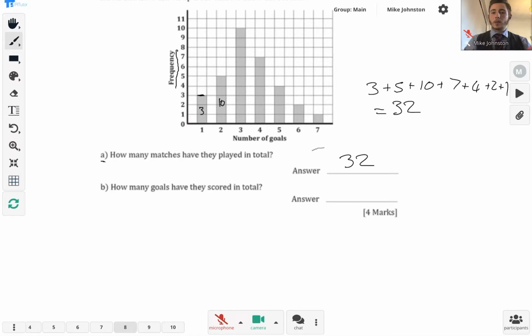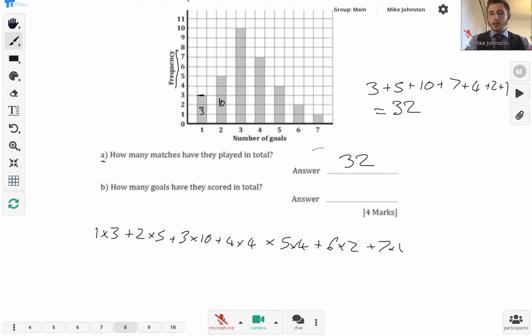So if we make a little space, we need to do 1 times 3 plus 2 times 5 plus 3 times 10 plus 4 times 7 plus 5 times 4 plus 6 times 2 plus 7 times 1. I'm not going to try and add all of them together in one go.